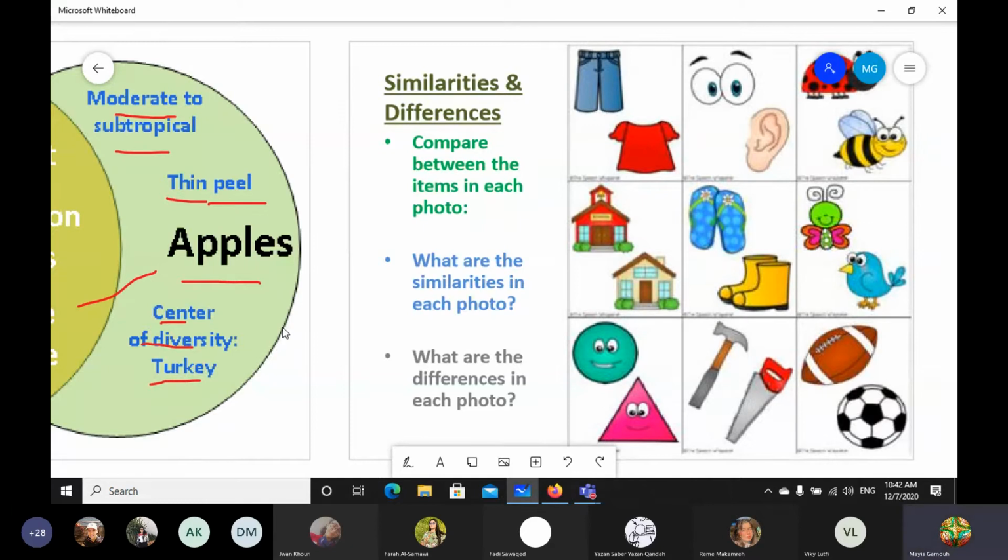The student now will tell me which picture he or she chose, and will speak to me regarding this photo. I want some similarities and some differences.